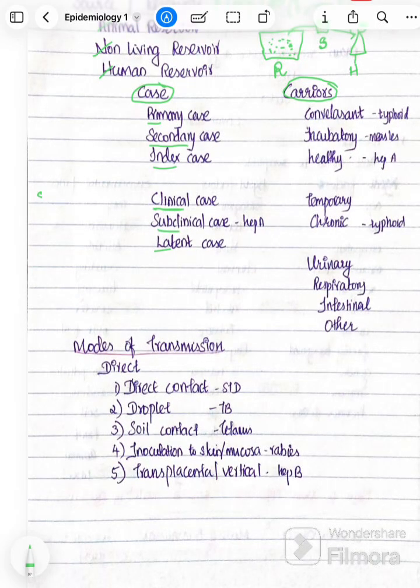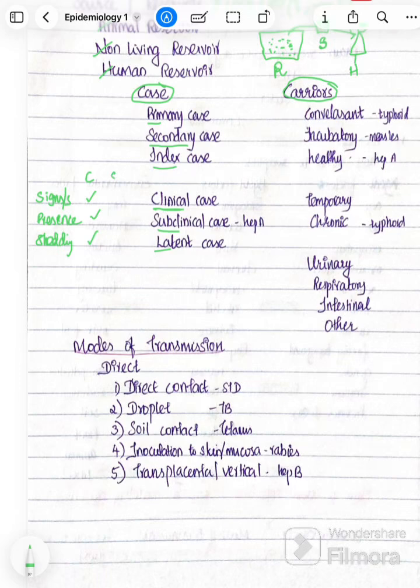In another way, we can classify cases as clinical case, subclinical, or latent case. First is signs and symptoms. Second one is presence of organism in body fluids. Third one is shedding of the organism. If it is a clinical case, these three will be positive.